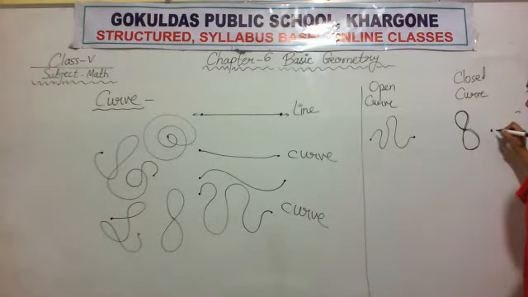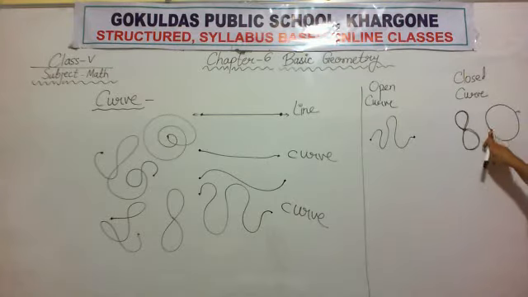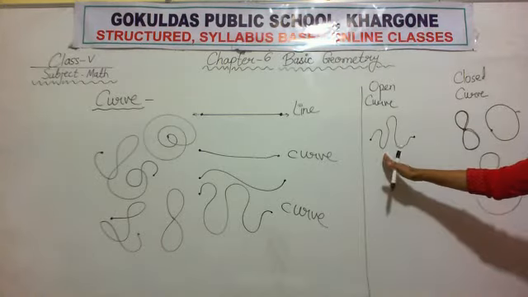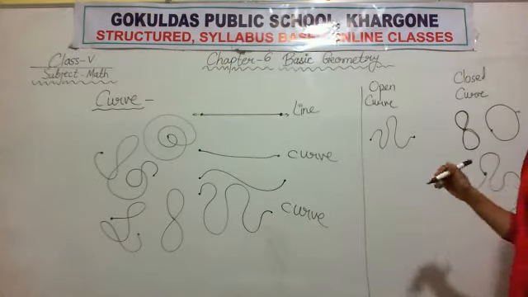Suppose I am drawing a circle. My starting point is this, I am drawing a circle, ending point is same, starting and ending point is same, it is a closed curve. Suppose I am drawing a figure, my starting point is this and my ending point is the same point, so it is a closed curve. Okay, so I hope you understand what is open and what is closed curve.